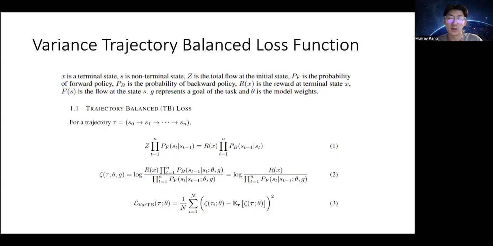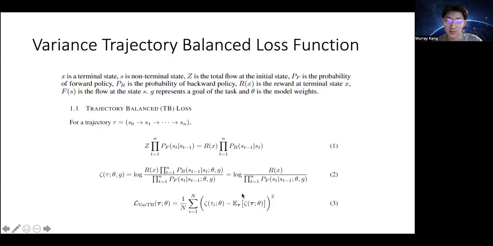And then we multiply all the PB, which is the backward policy. So these two should be equal. And then if you do some manipulation or equation processing, then we get equations 3 and 2.